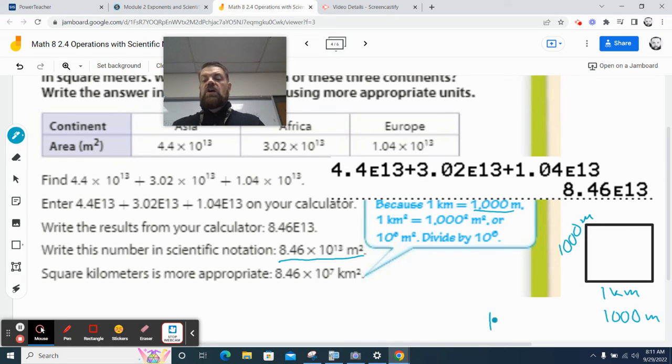So one kilometer squared is equal to 1,000 squared meters squared. Right? 1,000 times 1,000. That's actually 10 to the 6th. So when you divide this by 10 to the 6th, you just subtract the 6 from 13 and you get 10 to the 7th. But they changed it to kilometers squared.